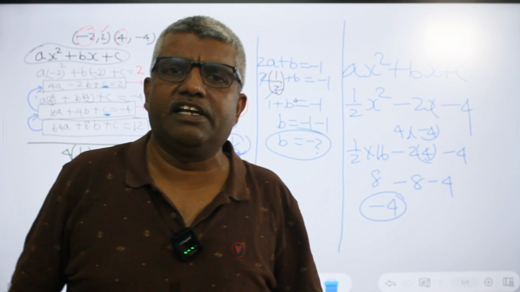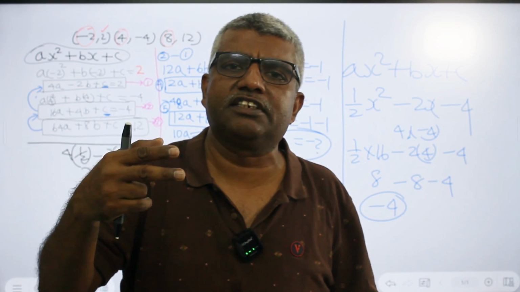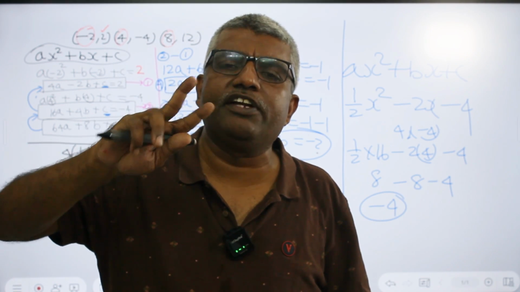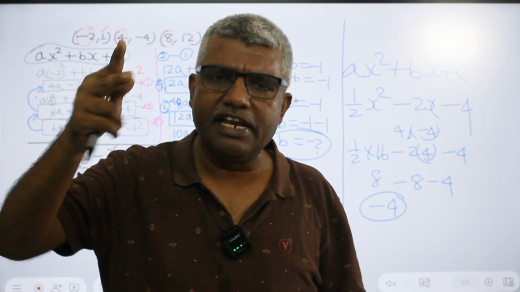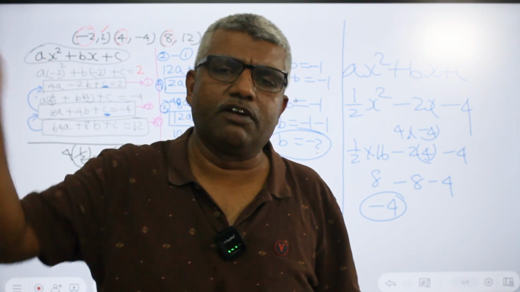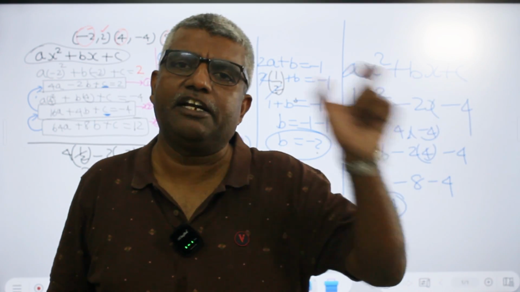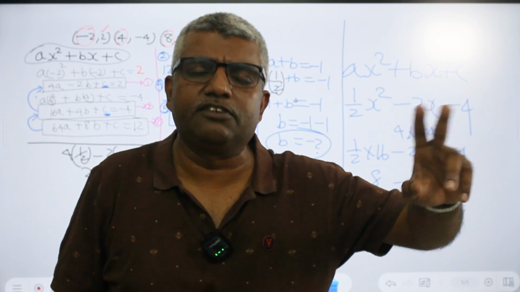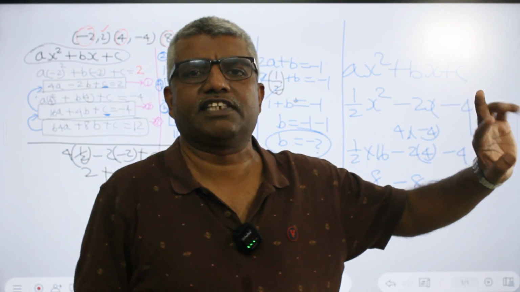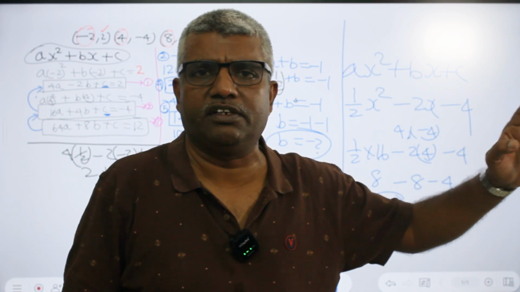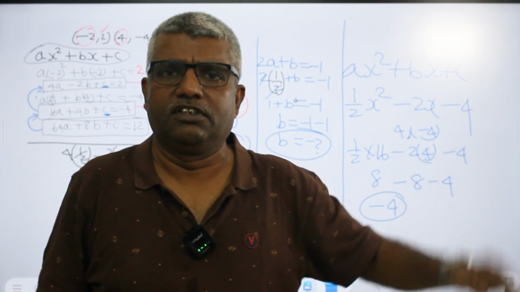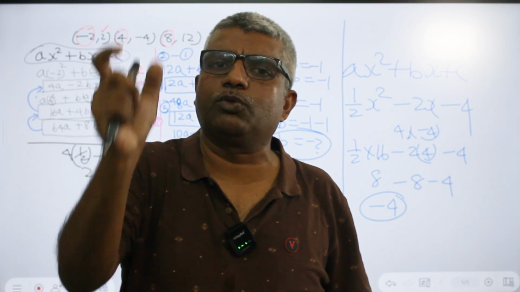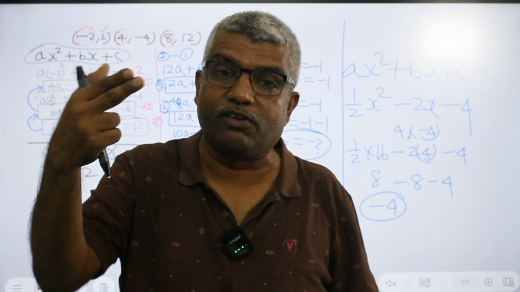In any way you can eliminate by subtracting one equation from another. c will go. Then what will be there? a and b only will be there. Like that you do 2 combinations. For example, I did 2 minus 1 and 3 minus 2. So now you will get 2 equations with only a and b.